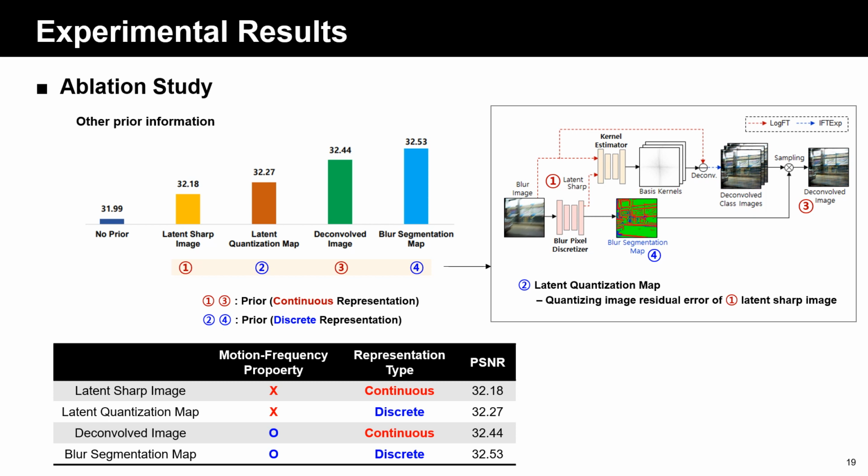And it is observed that the discrete prior like the latent quantization map and blur segmentation map gives a slight performance improvement compared to the continuous counterparts like the latent sharp image and deconvolved image. We believe that the discrete prior information provides clearer information due to its discrete nature, so that it gives better performance.